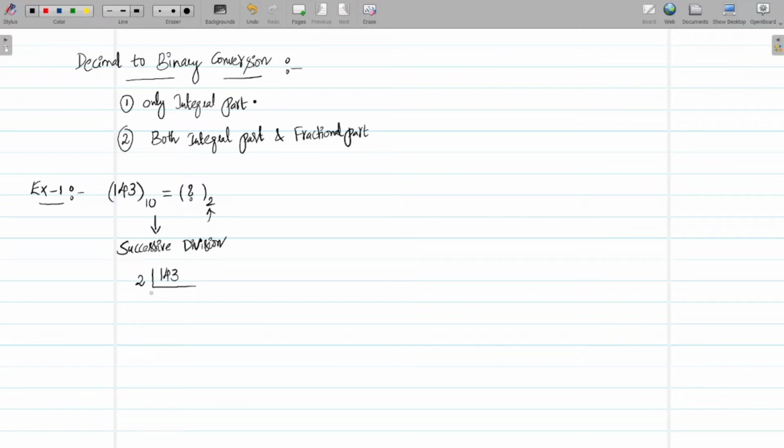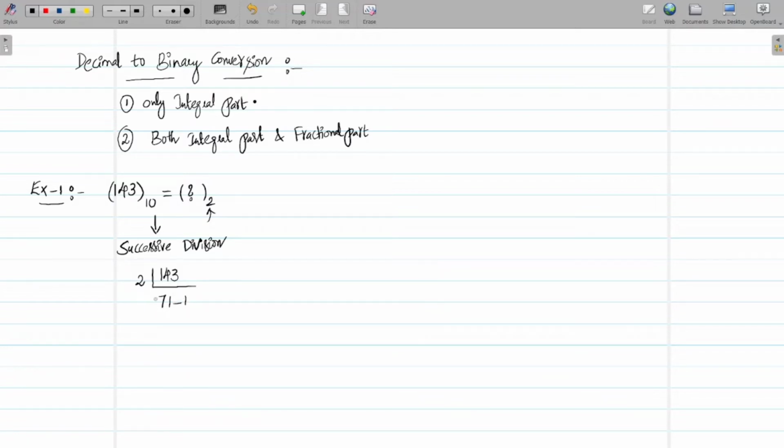After dividing 143 by 2, you need to write the quotient and remainder, separating them with a hyphen. So if you divide 143 by 2, 2 sevens are 14 and 2 ones are 2. What is the remainder? 1.